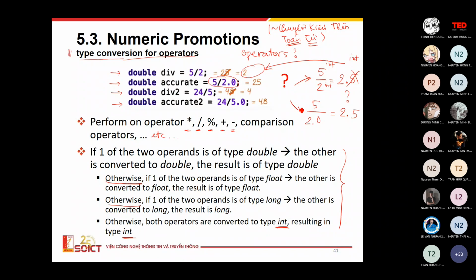Okay. For the second example, you have an int divided by a double. So one of the two operands is double. Then the other will be converted to double, and the result will be double. So 5 will be converted to 5.0, and the result will be double, and it will be 2.5. So this is the explanation for this rule.